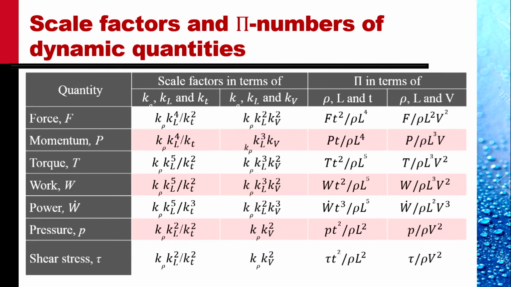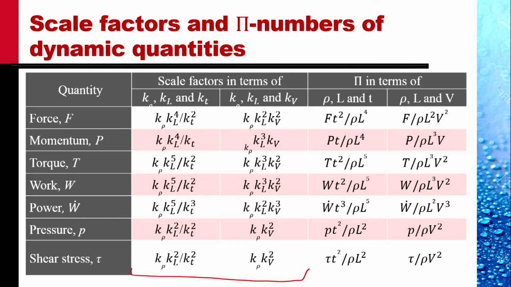Once we did it for force, we could do it for other dynamic quantities like momentum P, the torque T, work done W, the power, work per unit time W dot, the pressure P, the shear stress tau. These columns list the scale factors in terms of K rho, KL, and KT in the first column, and K rho, KL, and KV in the second column.